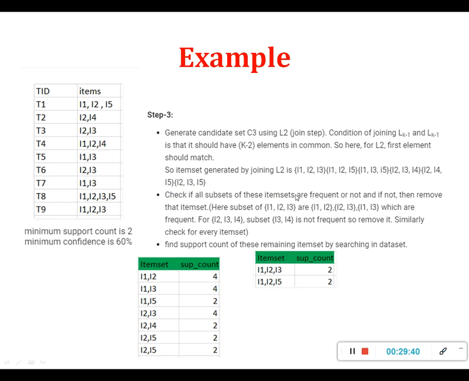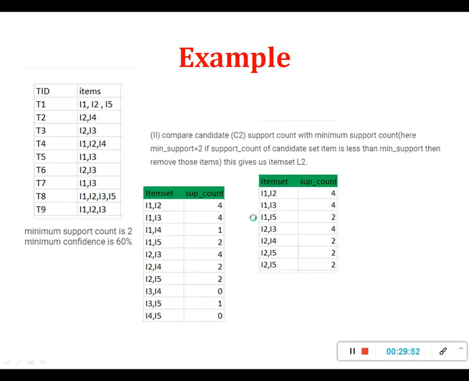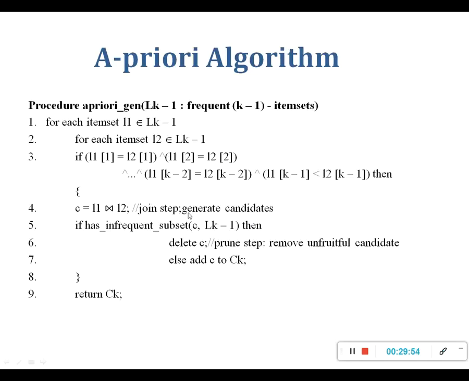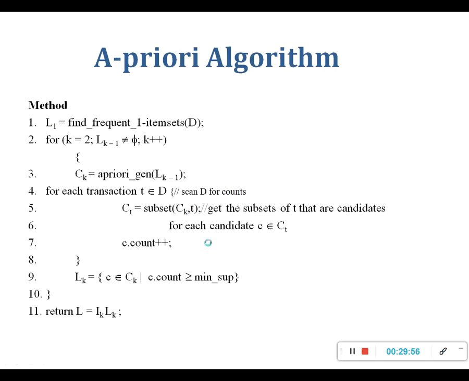If you look over here, these are the different sets generated. I am selecting the items such that the subsets of those items are frequent, and only those item sets are selected. The same thing we are doing in this algorithm: only the part satisfying the frequency count is chosen for the generation of the Lk list. So what is another condition for the Lk list?